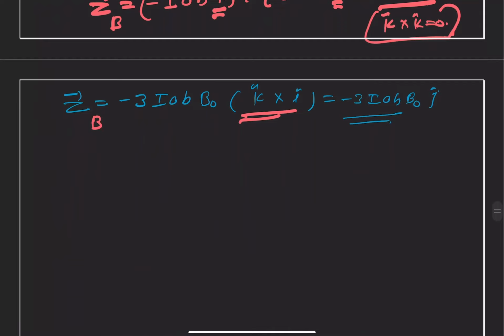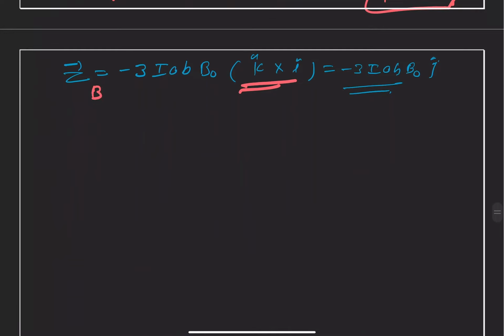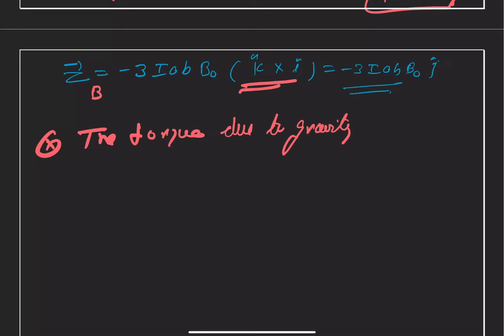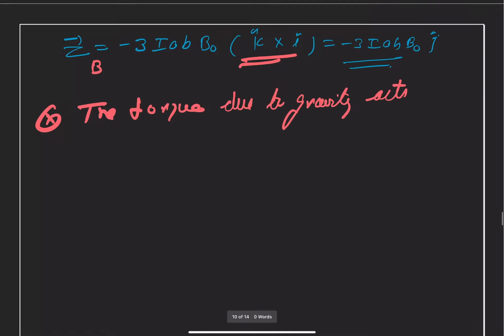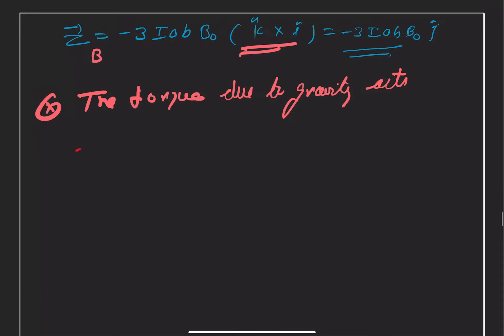Next is the torque due to gravity acting about PQ, and it will be in the downward direction.